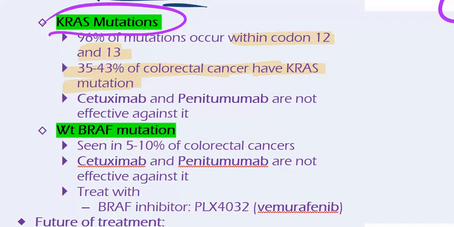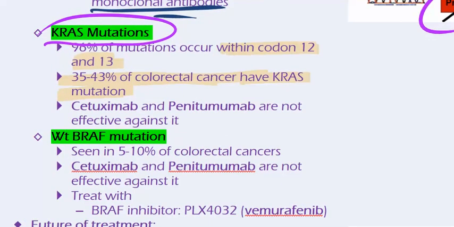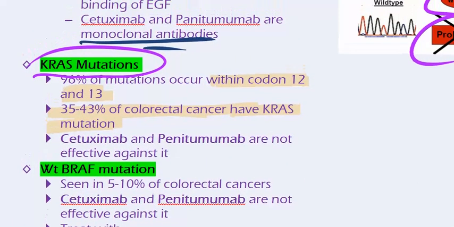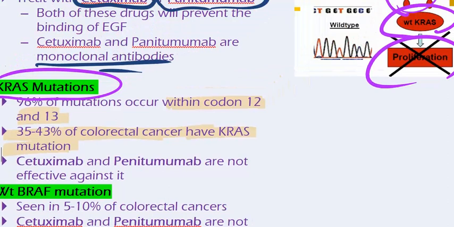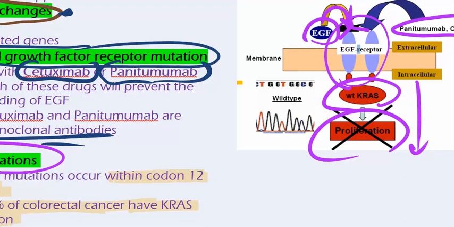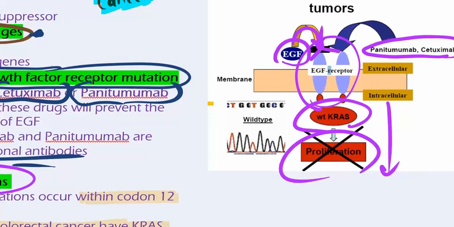So cetuximab and panitumumab are not effective against the KRAS mutation because the KRAS is autonomous. It's its own boss. It doesn't need any prodding. It's already active. If the receptor is active, that's good; if it's not active, KRAS is still active.